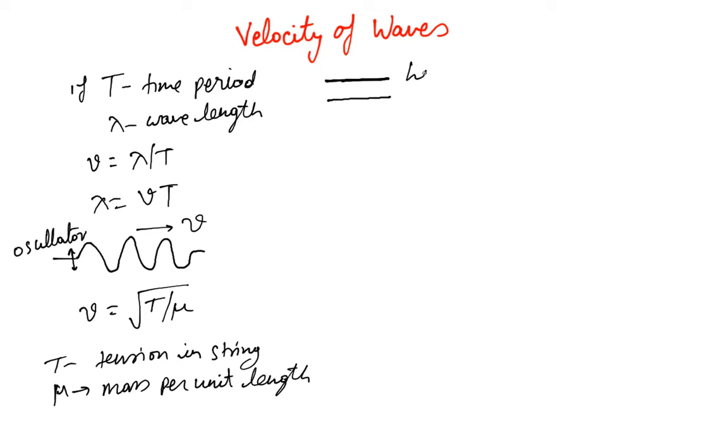You can say heavy per unit length, which means each meter of a rope. A rope with heavy mass per unit length will have a lower velocity of wave compared to a string which has a lower, or light, mass per unit length.